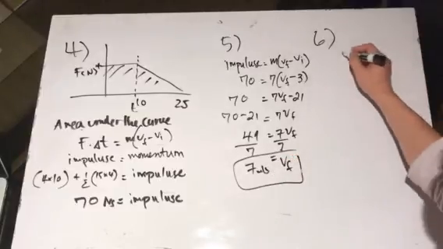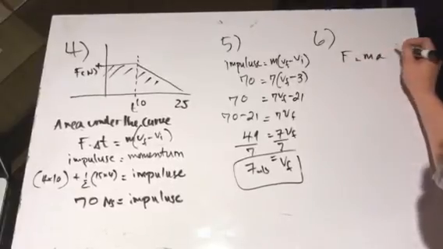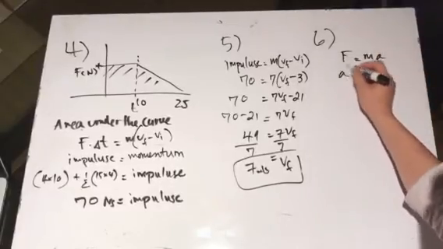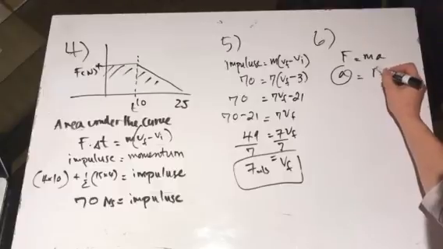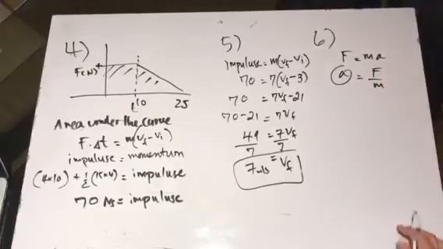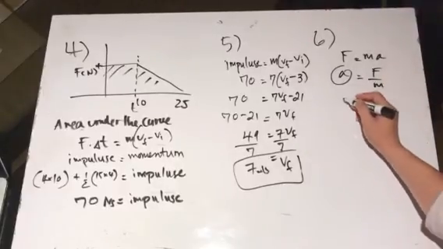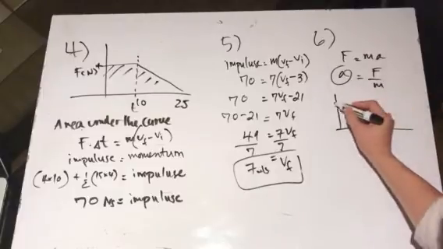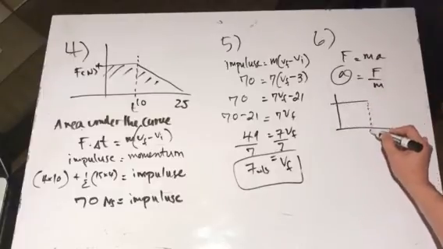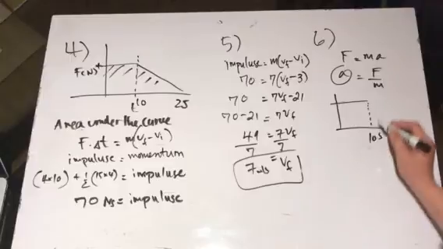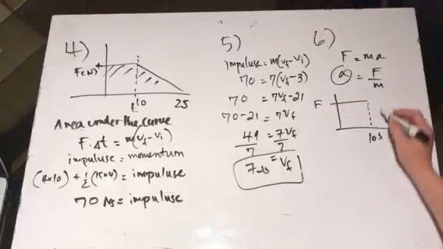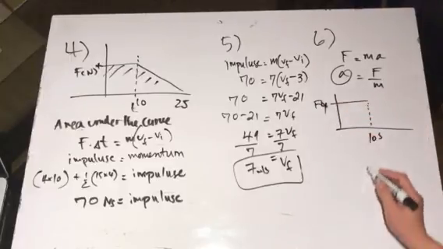However, for question number 6, it is F equals ma, because you're looking for acceleration, which is equal to the force divided by mass. So when we're looking at the graph right here, for the first 10 seconds, the force is constant, which is equal to 4.